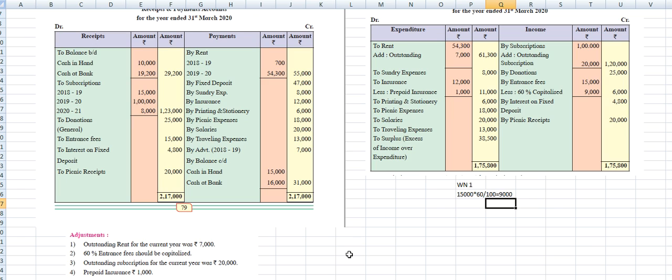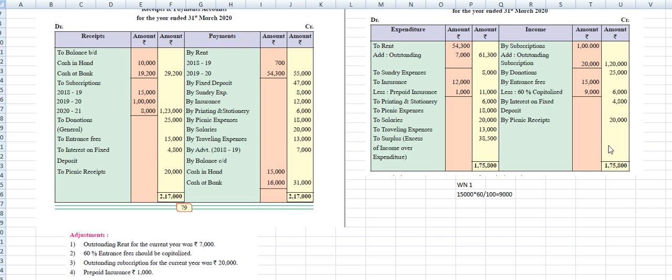And interest on fixed deposit amount is 4,800 rupees, and that 4,800 is taken on the credit side, the income side. And next entry is picnic receipts of 20,000 rupees. That is coming under the income side.